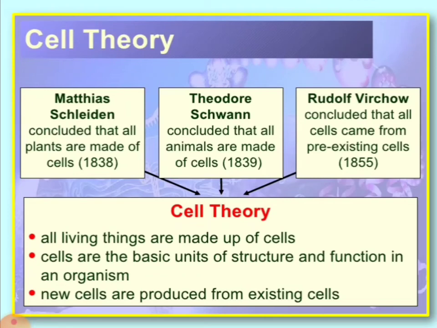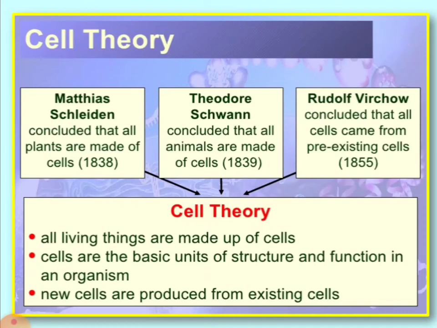So combining this, the cell theory has three main aspects. That is, all living organisms are made up of single or many cells. So yes, this theory was given by these three scientists, that all the living organisms are made up of single or many cells. And the second point they give in this cell theory is all cells arise from pre-existing cells by division.